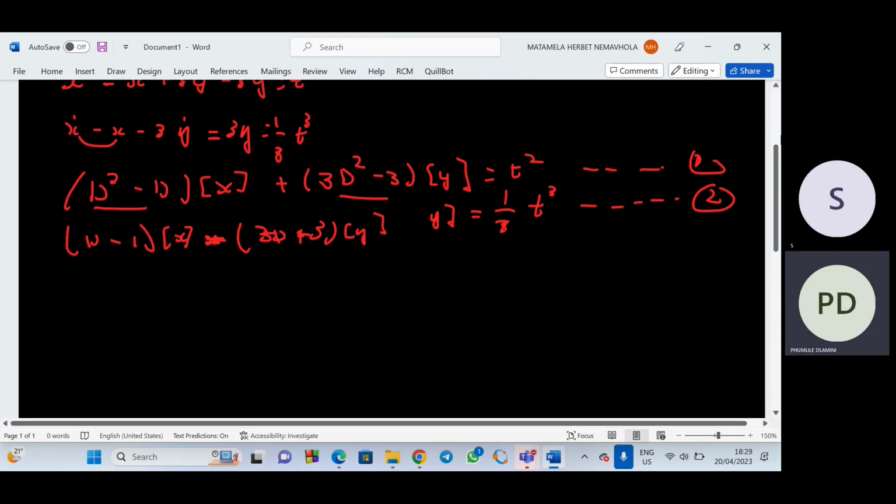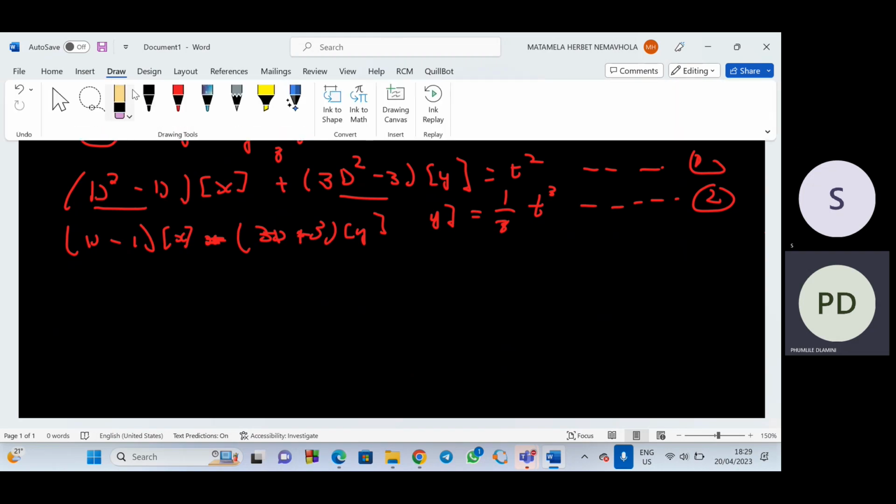So when we are in this scenario, what you're going to do is eliminate. We are going to use this side. We have D minus 1 here, and on this side we have D. You must multiply this equation with D minus 1.